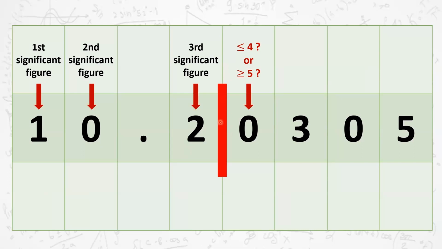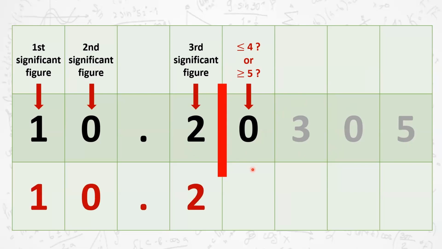So my cutoff point will be here. I'm only interested in the digit after, so I will ignore the 3, 0, and 5 at the end. Because it's 0, less than 4, I need to round it down. So if the question asks me to write this number correct to 3 significant figures, my answer will be 10.2.